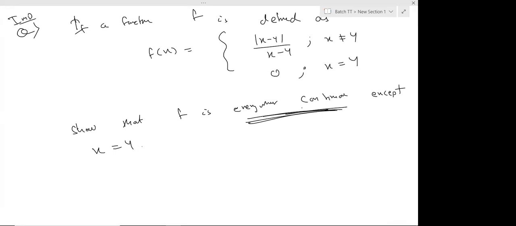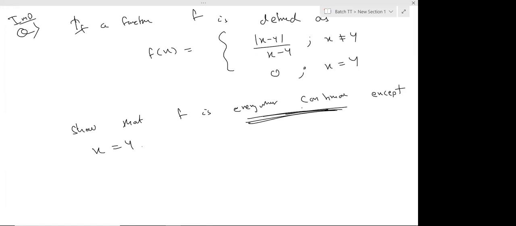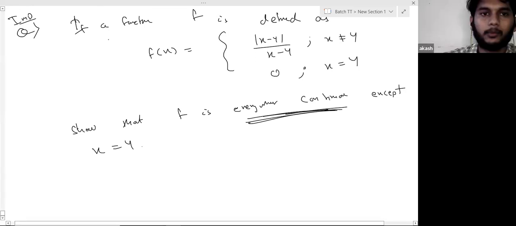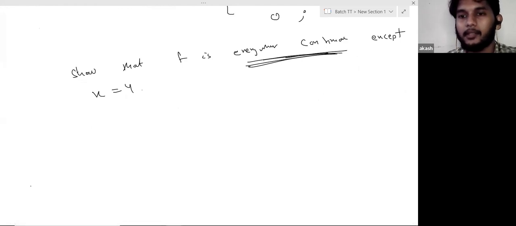But if I ask you to prove that in any samosa shop in the world there is no aloo inside the samosa, then you cannot go to each and every shop and check the samosa. Then what you have to do? You have to generalize a solution. And remember this, whenever they ask to show that f is continuous everywhere, you have to generalize the solution.